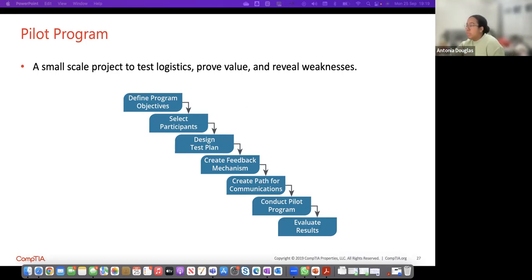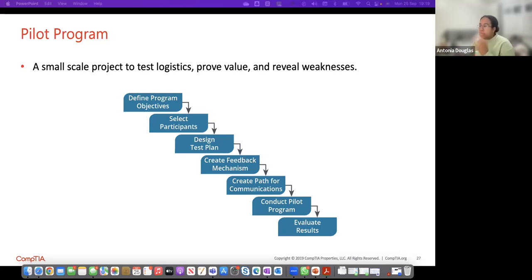So your organization might wish to establish a pilot program following the selection of a vendor, after you've gone through your RFP process and assessed that specific vendor. But this will be a very small pilot. You don't want to spend too much money.